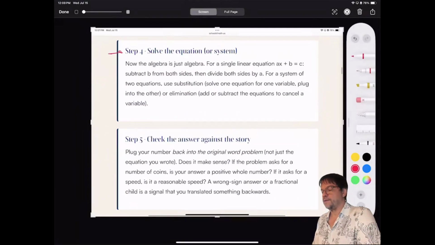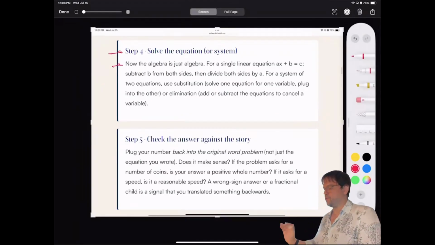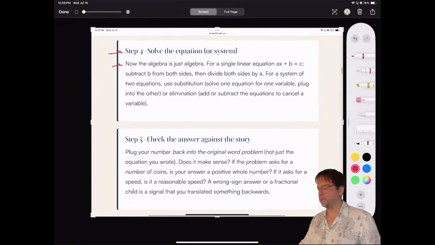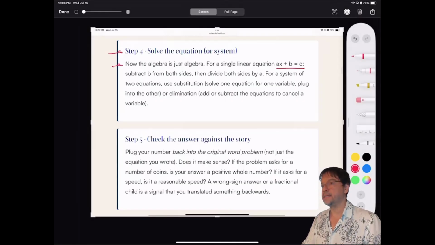Step 4. Solve the equation or system. Now the algebra is just algebra. For a single linear equation, for example, a linear equation that we will see together, ax plus b is equal to c. Subtract b from both sides, then divide both sides by a.